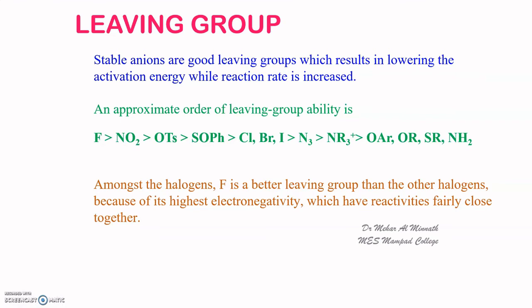This is because of the high electronegativity of fluorine, which will stabilize the carbanion formed when the nucleophile attacks the substrate. So the order is usually fluorine, chlorine, bromine, and iodine. That is, fluorine is the best leaving group, followed by iodine.